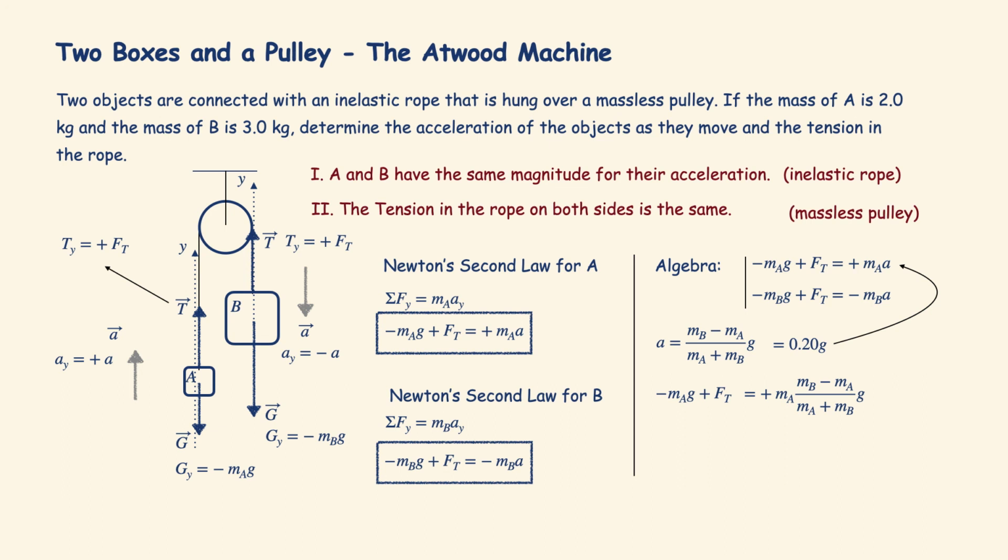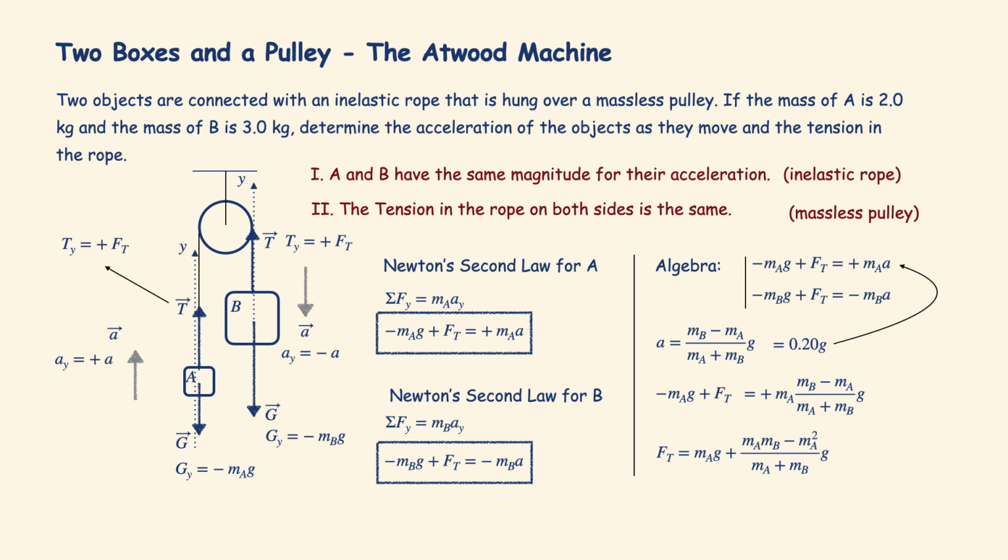I'll move the minus mag from the left-hand side to the right-hand side of the equation, and that will give me that the force of the tension has to be equal to mag plus whatever was the remaining. In that fraction, I actually distributed ma, so I have ma times mb minus ma times ma in the numerator, and the denominator remains equal to the sum of the two masses, ma plus mb.